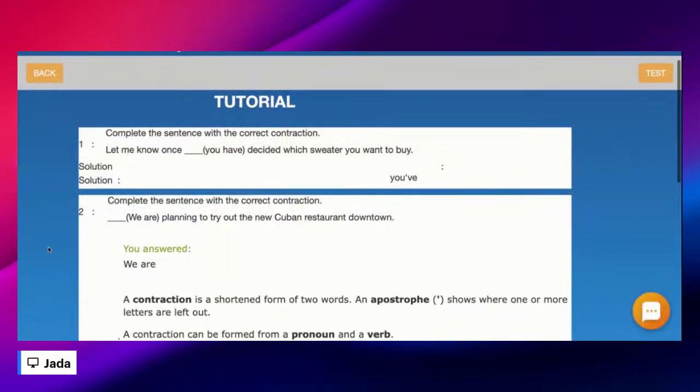Let me know once you have decided which sweater you want to buy. Now this is you have. You take away the ha from have and put an apostrophe, and you get your answer.